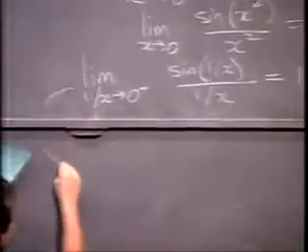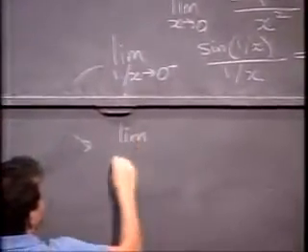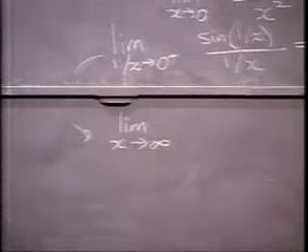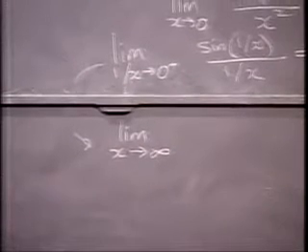That is absolutely true. As 1 over x goes to 0, say from above, sine 1 over x divided by 1 over x goes to 1. But what does it mean to say that 1 over x goes to 0 from above? Well, that means that x goes to infinity. So you've got to be a little careful. You can't just say 1 over x goes to 0 is the same as x goes to 0. Actually, x goes to infinity is the same as 1 over x goes to 0 plus.